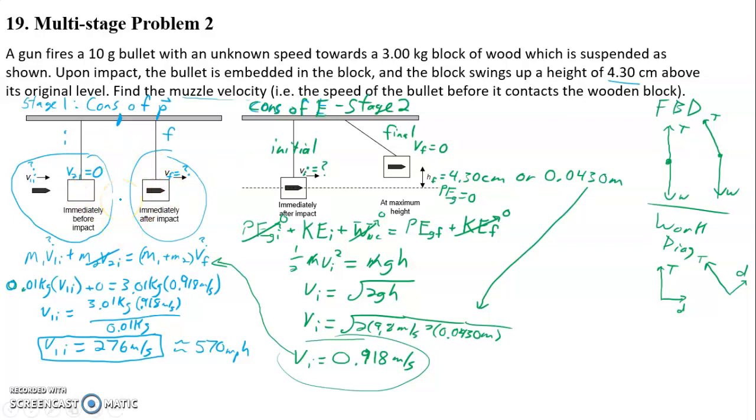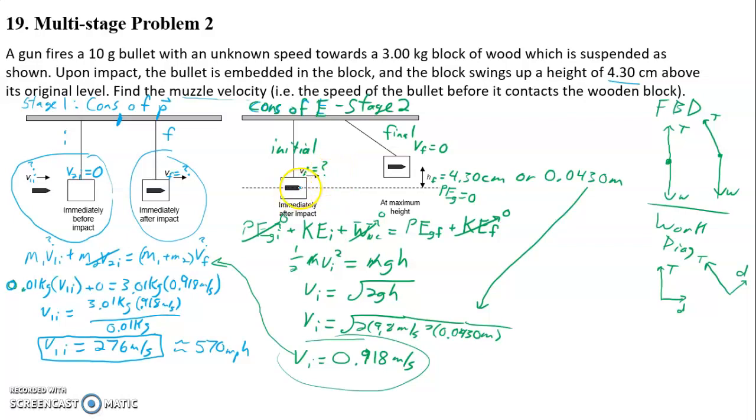And if you check how much kinetic energy was in the system prior to the collision and how much kinetic energy is in the system after the collision, you'll see it's a lot less after the collision. But in the second part, energy is conserved, and it's quite simple to analyze this. There would be no reason to apply conservation of momentum here.